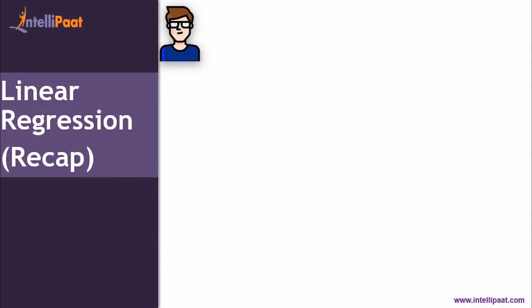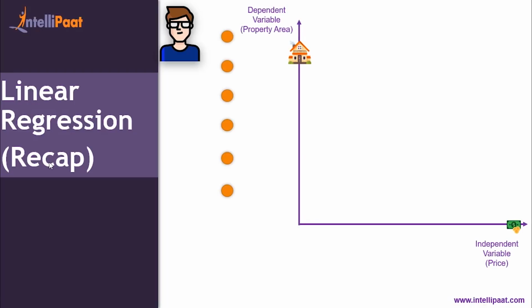Now let's take an example to see how exactly he predicted the value of the house. In order to find the regression line, he took the historical data of property area sold at a particular price, okay, and he plotted it on the graph. So these were the plotted points of property area sold in the past for a particular price, okay.